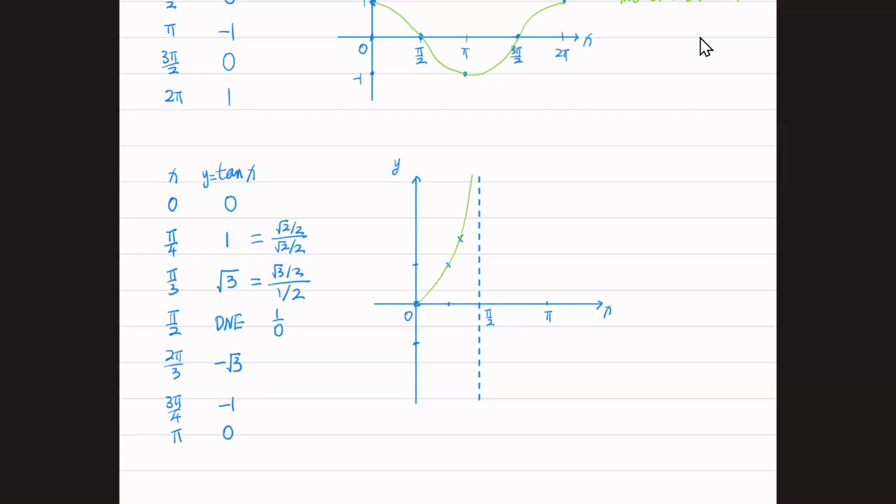And then it goes back down and then back up again. Is that right? So we start with 2 pi over 3, negative square root of 3, pi, negative 1, 0.